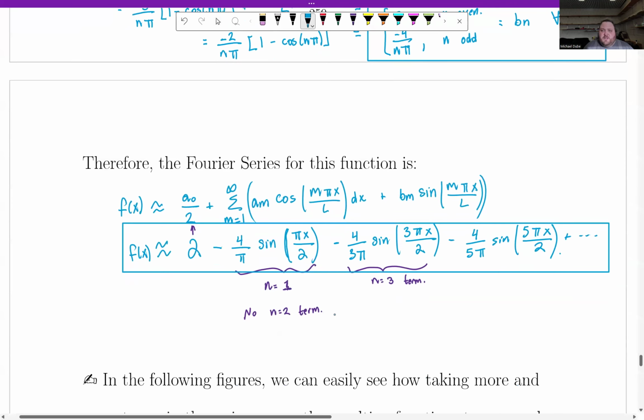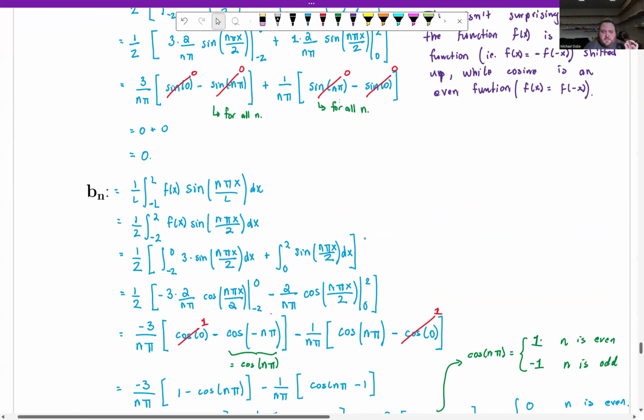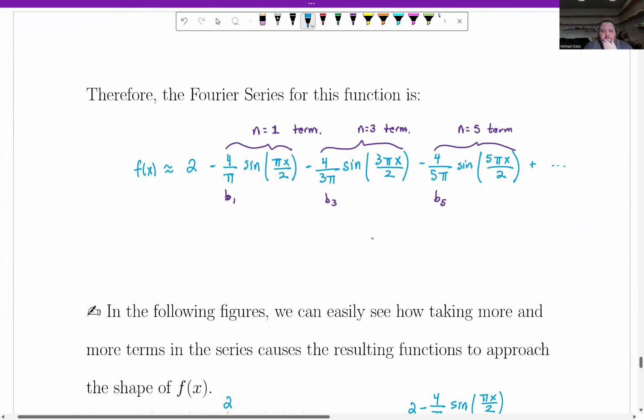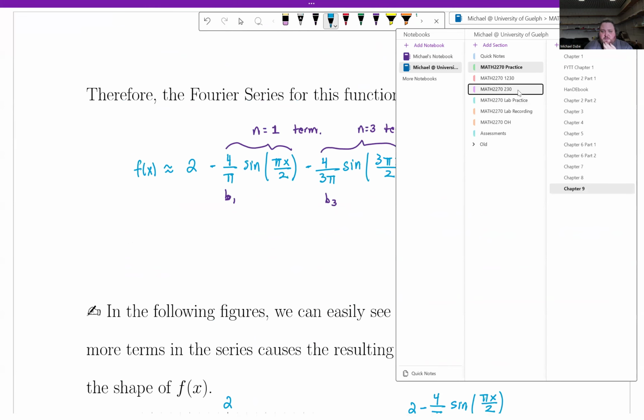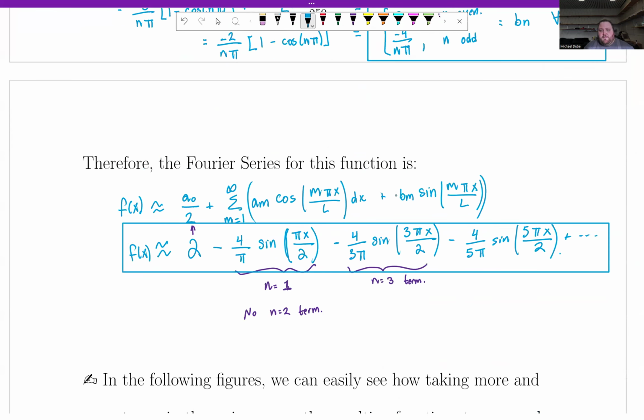For some reason it seems like this is a little bit wrong, so I'm just going to double check my practice work. Negative 4 over 3 sine 3 over 2. Nope, that's correct, I believe. Yep. Okay, perfect. And let me label this last one. This is our n equals 5 term.